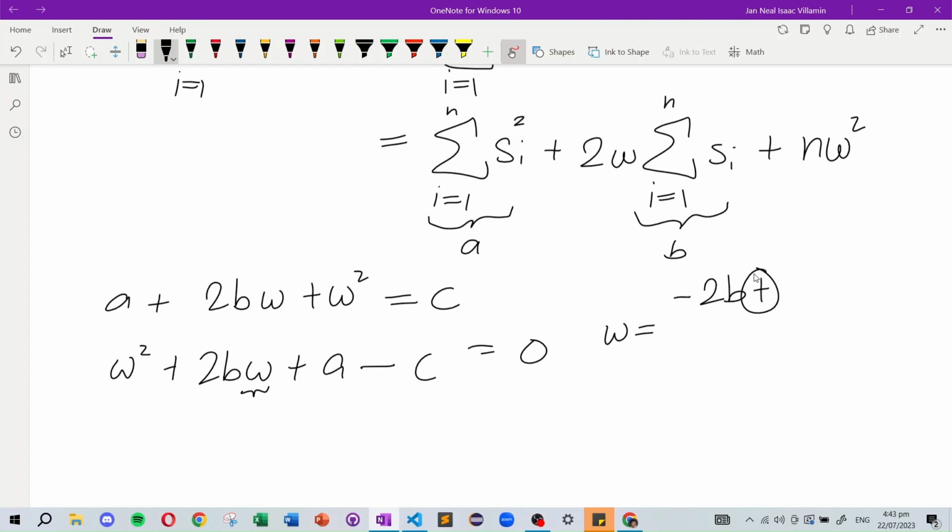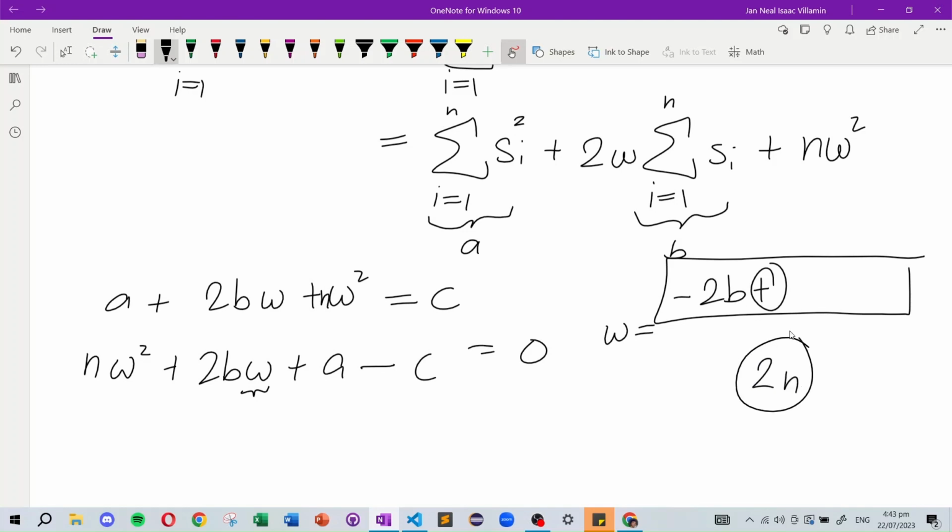The reason why we're only considering the positive square root is because b is positive, so negative 2b is negative, and if the square root term is subtracted, the whole numerator becomes negative. The denominator is 2n, which is positive, so W will become negative if you use the negative sign.